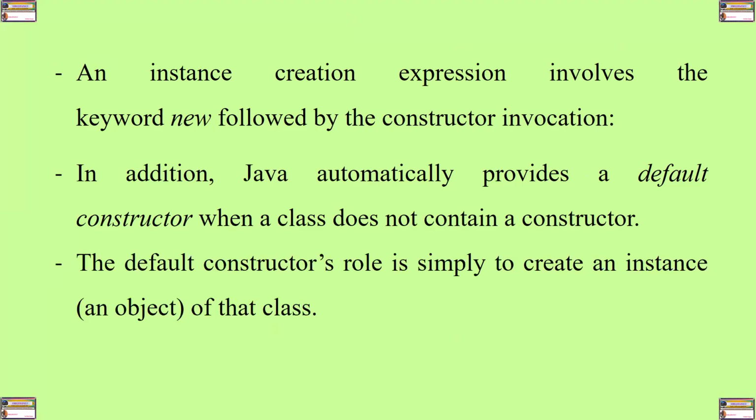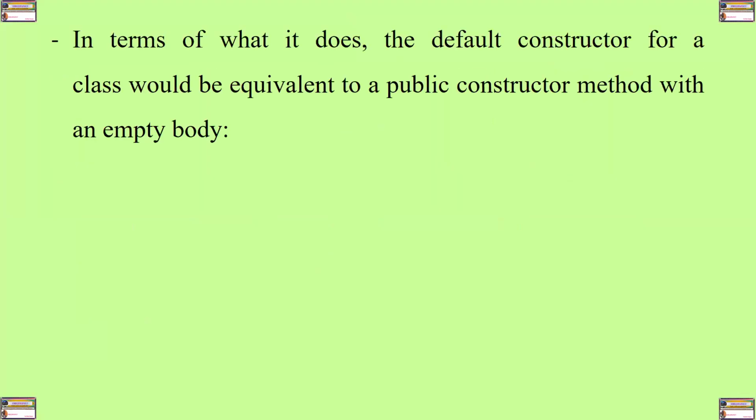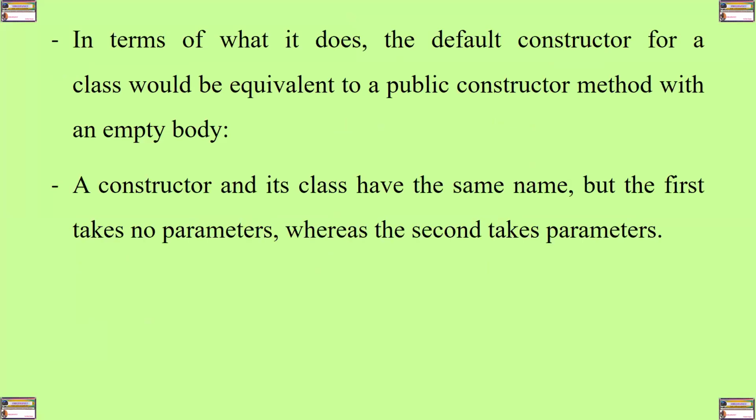The default constructor's role is simply to create an instance or an object of that class, and therefore, this method does not take any parameters. In terms of what it does, the default constructor for a class would be equivalent to a public constructor method with an empty body.